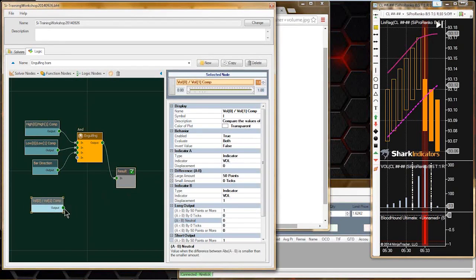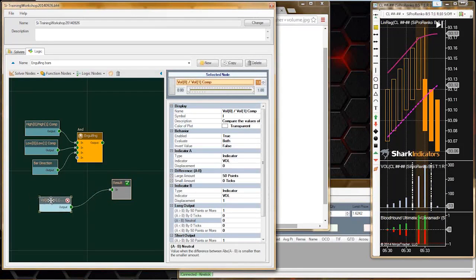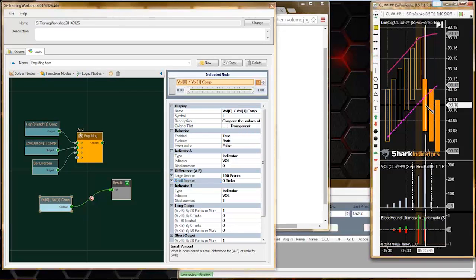And I'm going to have to change my requirements here on looking at this volume. Right, so I'm going to change this. Instead of needing 50 volumes greater, I'm going to require 100 volumes or greater. And when I did that, you'll notice that this bar is not marked anymore, right?